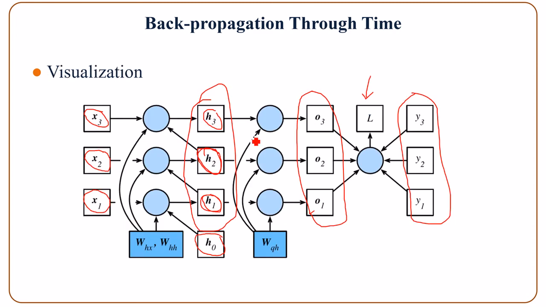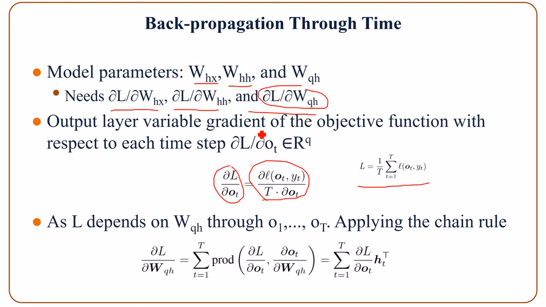Now I go back to the visualization a little bit. We can see the loss function L depends on the weight w_qh via the outputs. So here we apply the chain rule to calculate the derivative of the loss with respect to the weight w_qh.